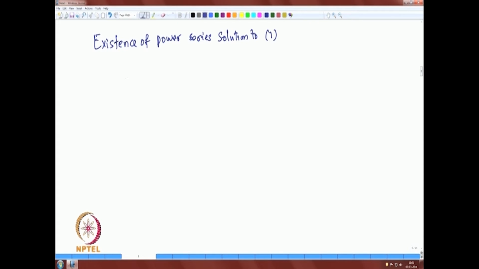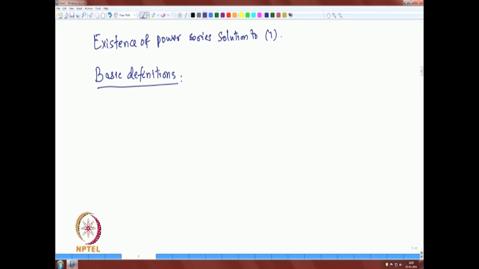To answer this question, we need some basic ideas, some basic definitions. To address the existence problem, that is under what condition one has a power series solution of the form 2, we require some conditions.